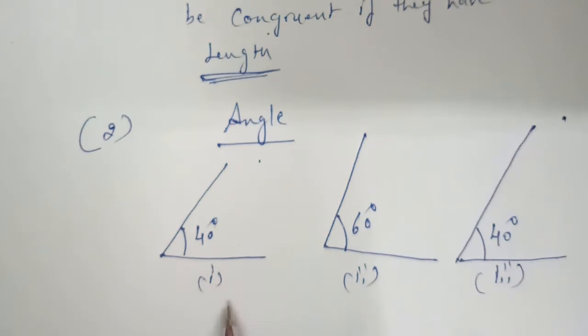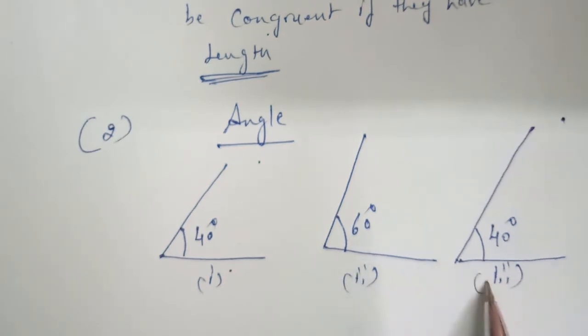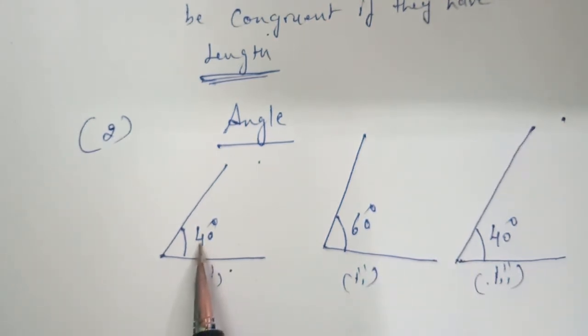Now first of all we'll see the shape. The first figure looks like an angle, the second is also an angle and the third is also an angle. So all three have the same shape. Now come to the size. Size means their measurement. In the measurement of angle we will not take the length of the rays or lines. We just take the measurement of the angle.